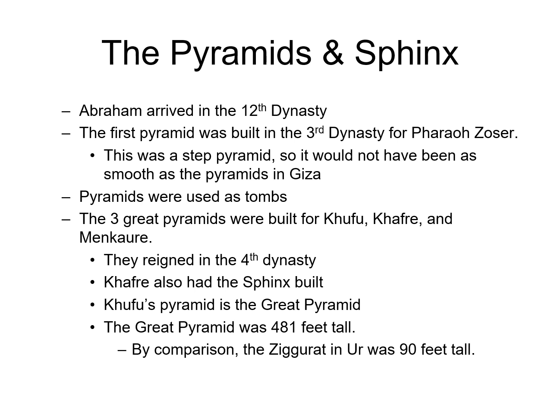The Great Pyramid was 481 feet tall. By comparison, the ziggurat of Ur, where Abraham was from, was only 90 feet tall. So the Great Pyramid was more than 5 times the height of the tallest structure that Abraham had seen in his life.